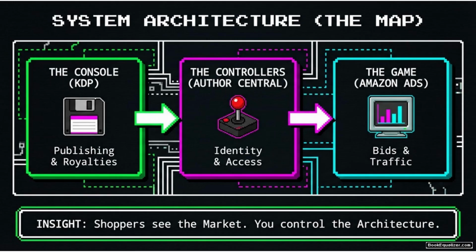Each controller is independent. Layer 3, the game. This is Amazon ads. Each controller plugs into their own advertising console. Each one has their own budget, their own bids, their own targeting strategies. Here's the critical insight. Shoppers see one unified market presence, one book. But behind the scenes, you control the architecture. You're orchestrating multiple simultaneous campaigns that all benefit your single listing.